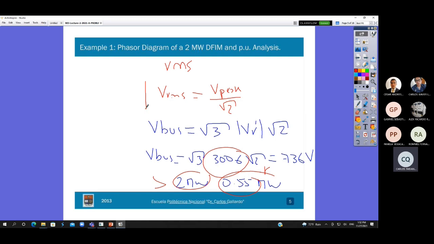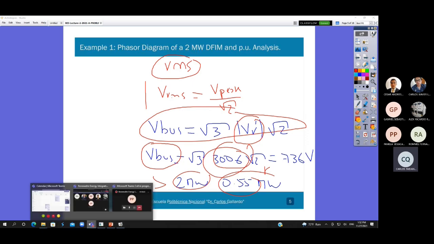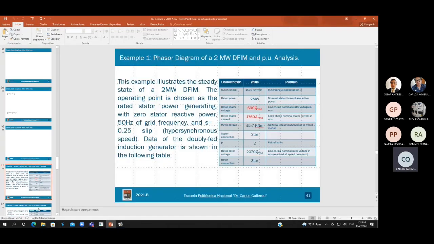I need to take into account the phasors are root mean square values. So the minimum DC bus voltage to handle this rotor voltage amplitude is this value. Therefore, I will need this value, and this is the voltage at the bus. Guys, do you have any question? Any question, guys?